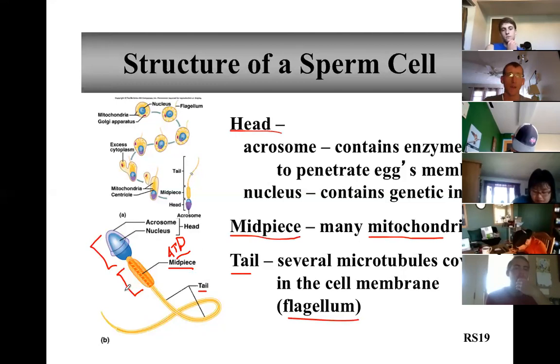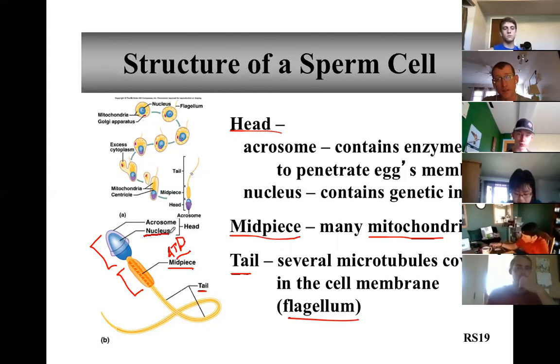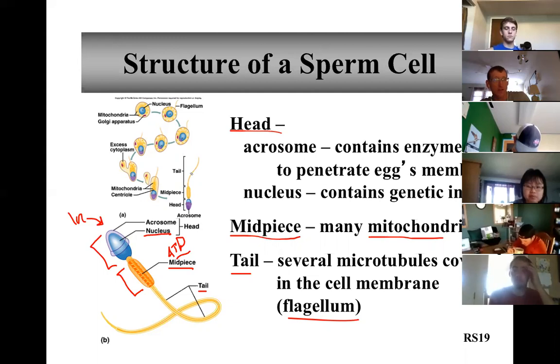Now, all of this exists as a way to deliver this cell to an egg. That's the goal here. And so the care package, if you will, the thing they're trying to deliver is the head. Now, the head of this sperm cell has a nucleus, and that nucleus is 1N. There we go. That's not too bad. So 1N is haploid. It has 23 of dad's chromosomes at random, half of a set, if you will.